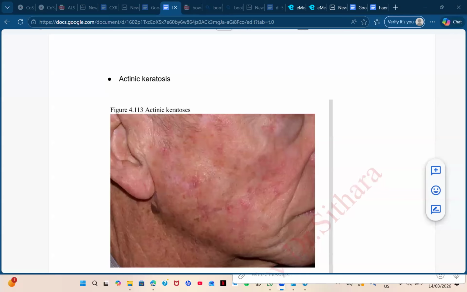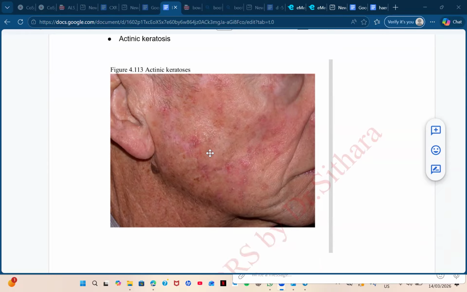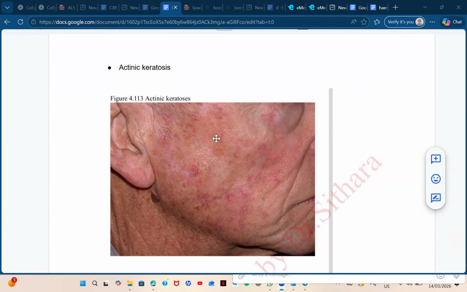Okay, so what is actinic keratosis? What is another name for actinic keratosis? Yeah, we call it solar keratosis as well. So what is this actinic keratosis? Tell me, what do you know about it? Is this malignant or not?